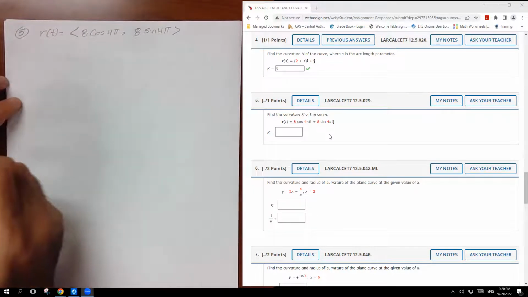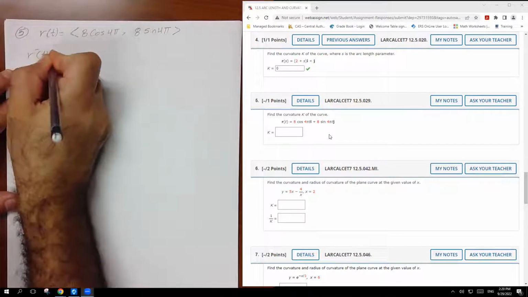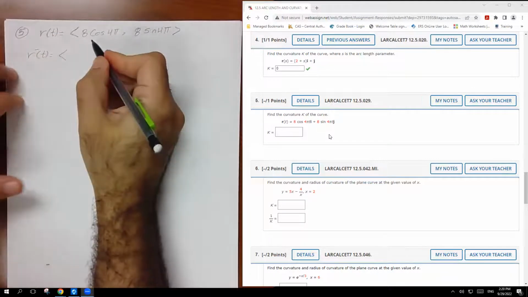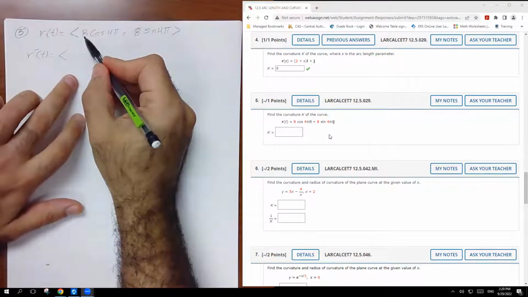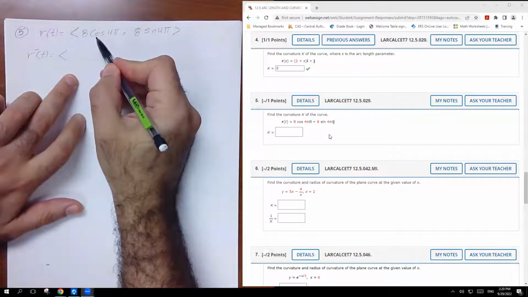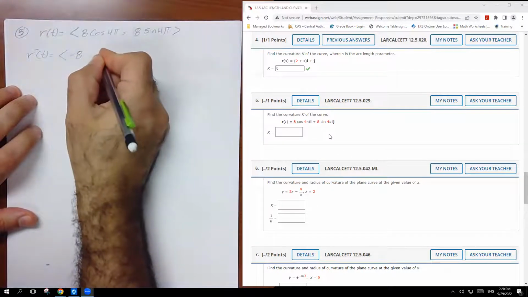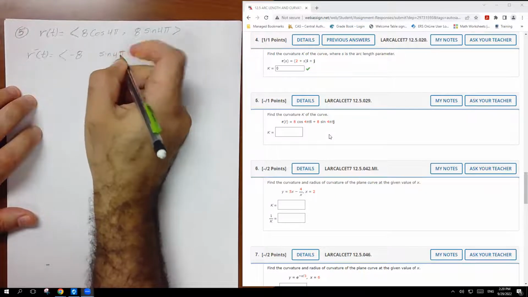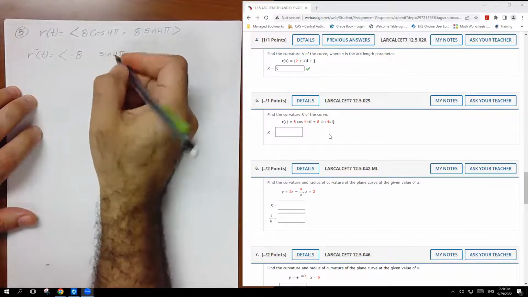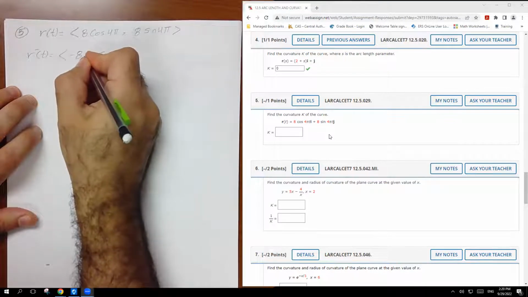The first thing I need is r prime of t. Be careful here. When we find the derivative, the derivative of cosine is negative sine, so it's going to be negative 8 sine 4 pi t, and by the chain rule, the derivative of the inside is 4 pi, so times 4 pi.